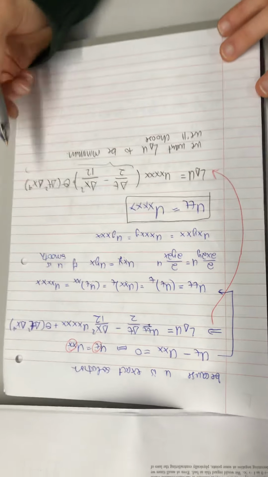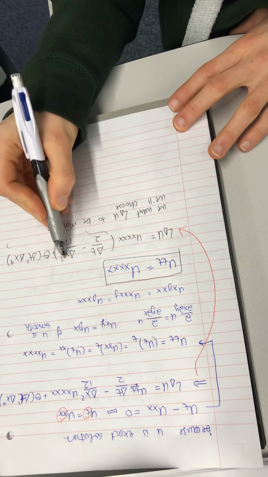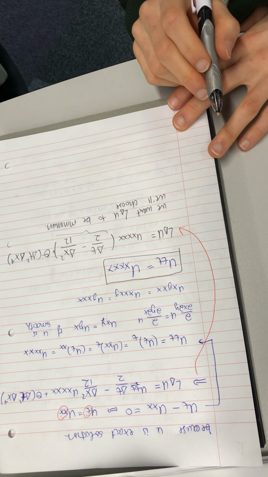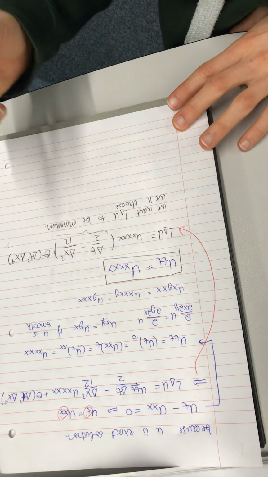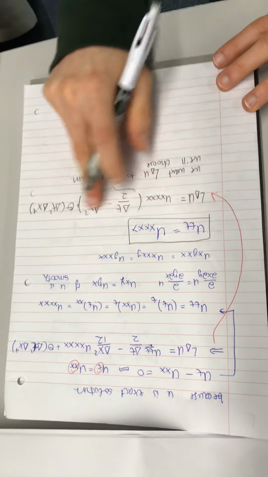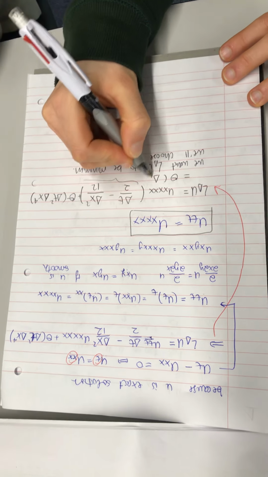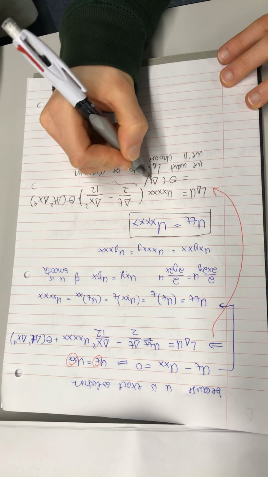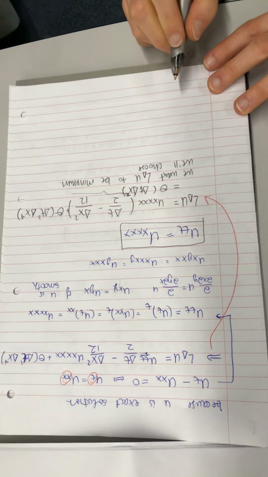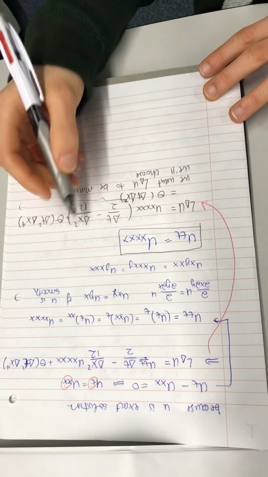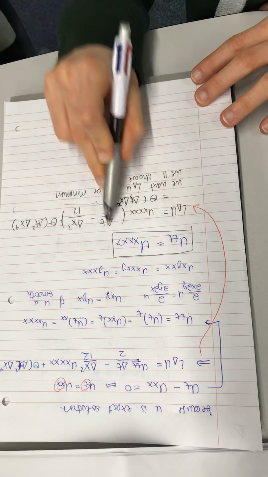Then the order is 4 instead of 2. Because if this is non-zero, this is basically O of t delta x squared.